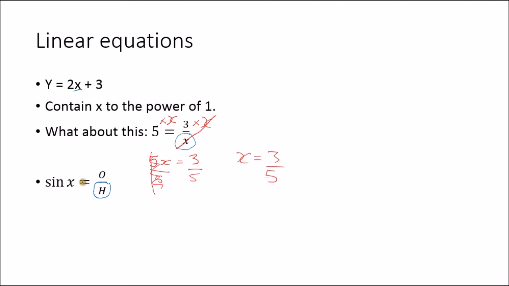The same thing would apply to this example down here with the sine of x. If we want to get the h off this side of the equation, we would multiply both sides by h.